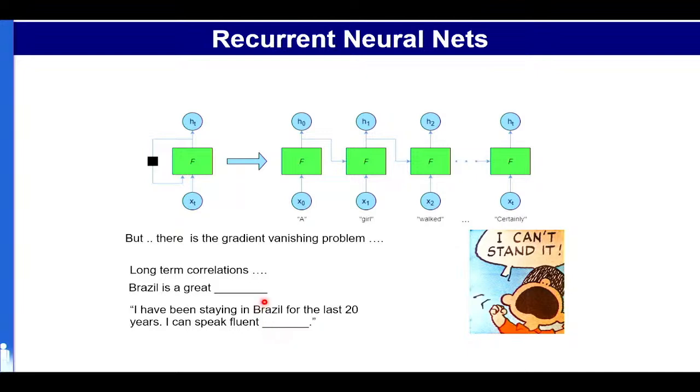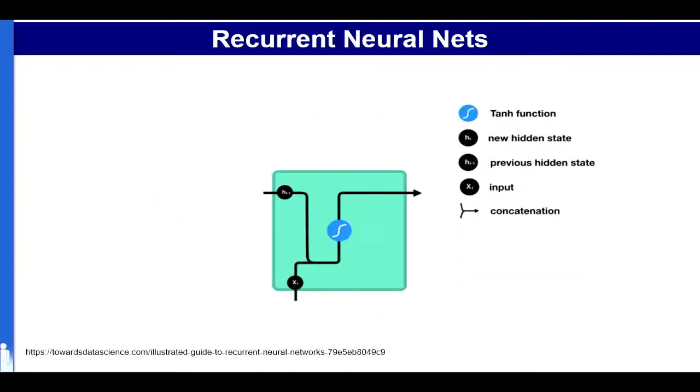So it may be a little bit lost. This is what we call the vanilla recurrent neural network's problem with long-term correlations. As a matter of fact, this is a common issue to any sequential neural network that is solved by a thing that we call the attention mechanism, that unfortunately I don't have time to present here.